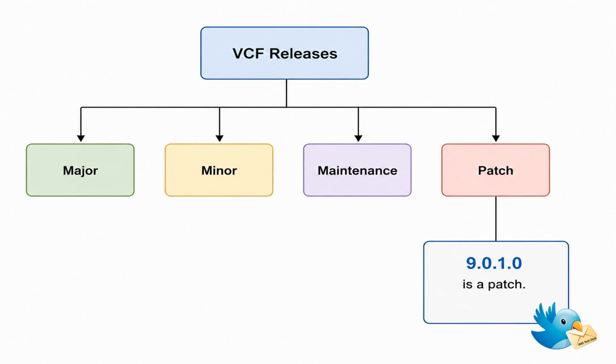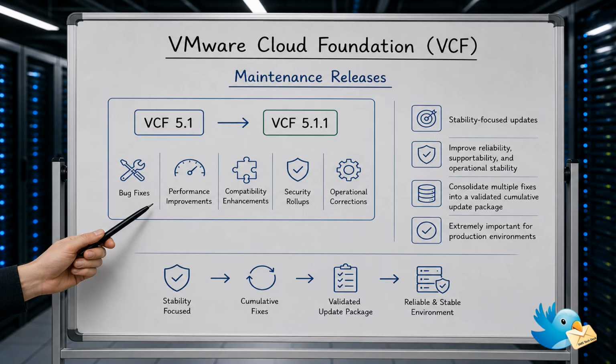So the third option is the maintenance release. Maintenance releases are mainly stability-focused updates. For example, let's take VCF 5.x. Here in the screenshot you can see VCF 5.1.1 is considered a maintenance release. This release usually contains cumulative bug fixes, operational corrections, performance improvements, compatibility enhancements, and security rollups.